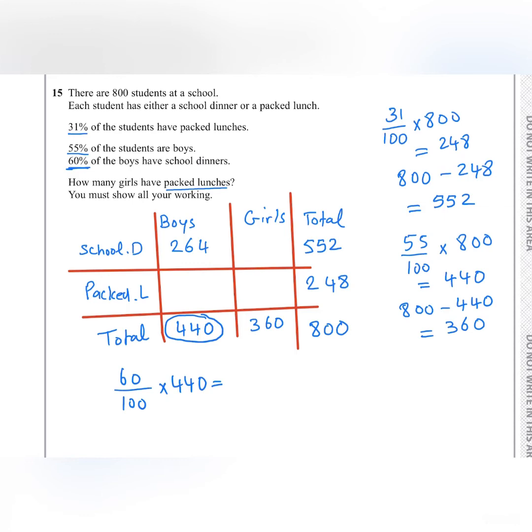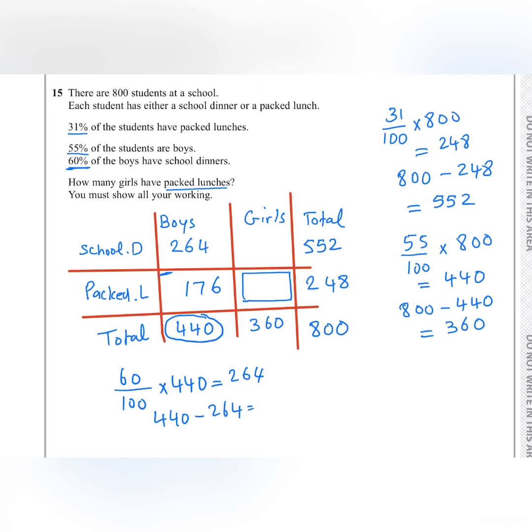And we can complete this table now. We can work out how many boys have packed lunch. So that was 264. How many boys have packed lunch? We can do 440 take away 264. That is 176. And how many girls have packed lunch? So we can work this value out here.